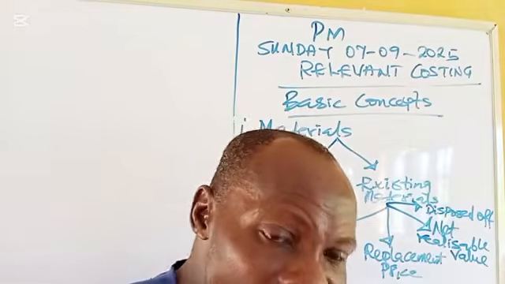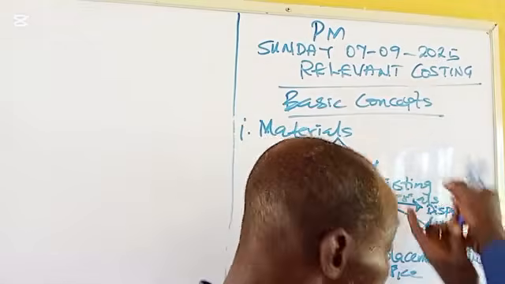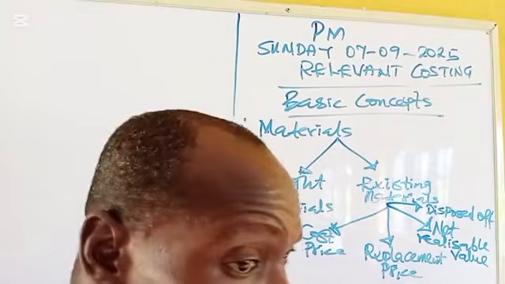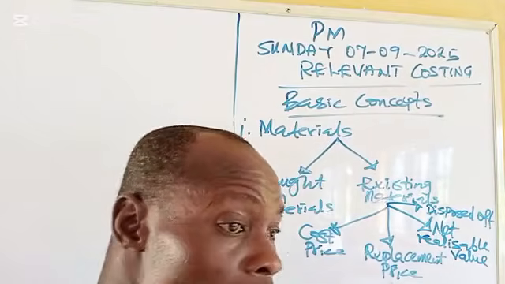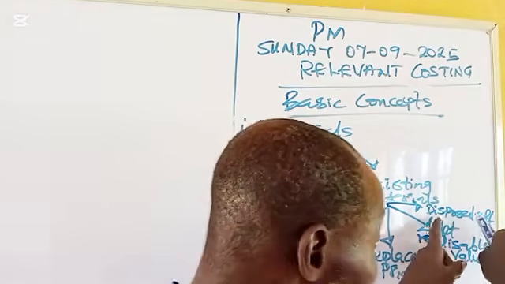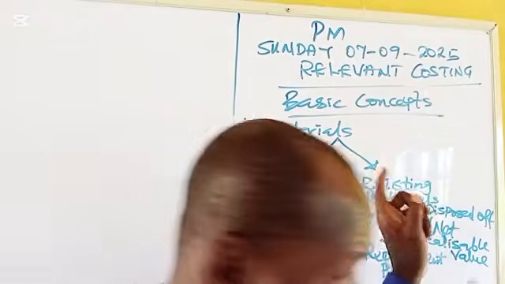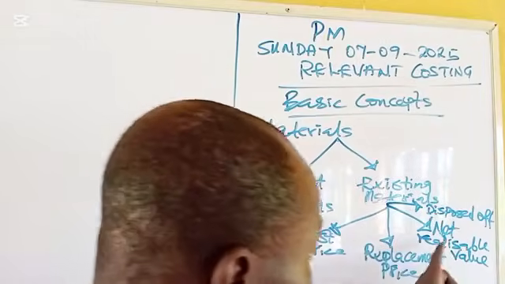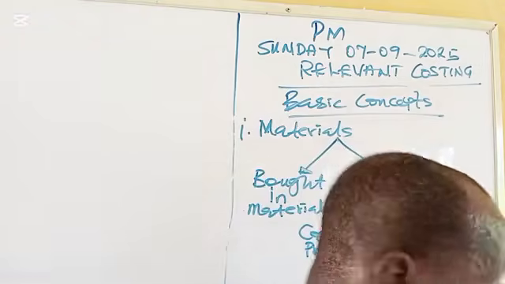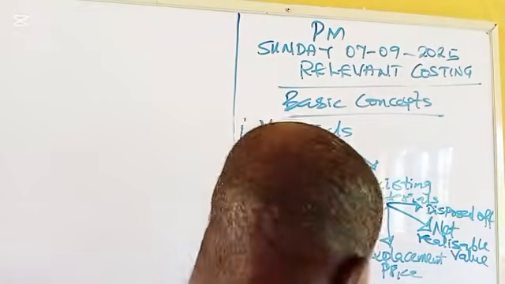You will not treat that as plus. You subtract the cost of disposing of them. Apart from that one, every other cost I have considered, you treat as plus. Even the net realizable value will still be plus. The only one that is minus is the cost of disposing of them.